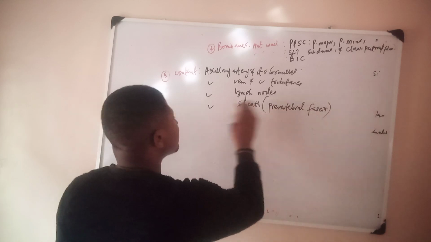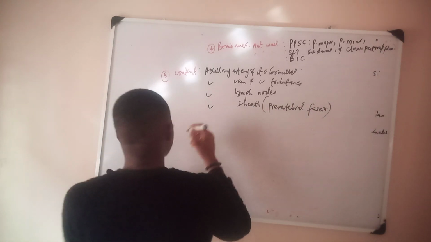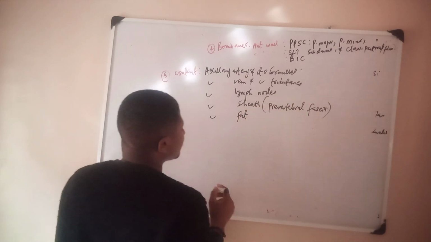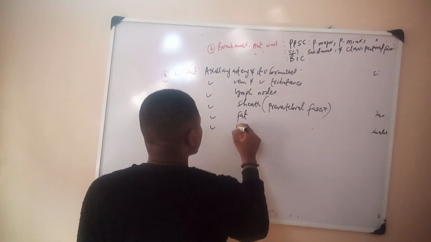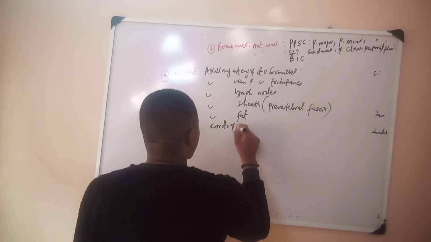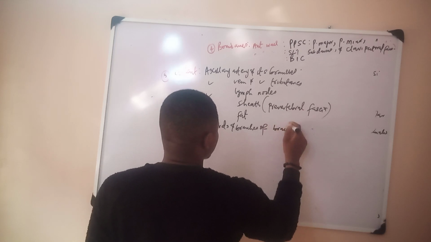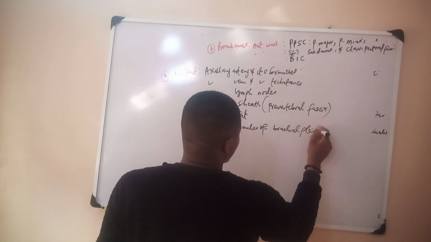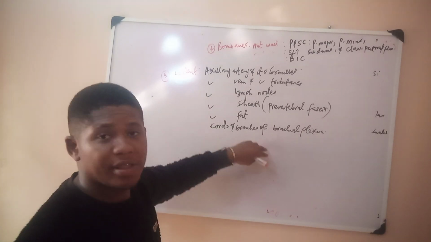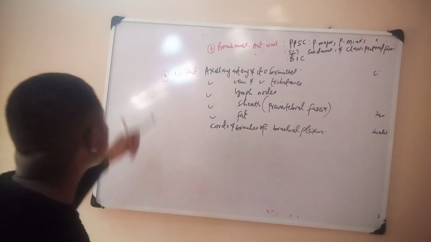So this axillary sheath is the derivative of prevertebral fascia. Then we have axillary fat. Then the next one is cords and branches of brachial plexus. When we did brachial plexus, don't worry, in the video you see them. We say that the cords and branches are located in the axilla. So these are about the contents.